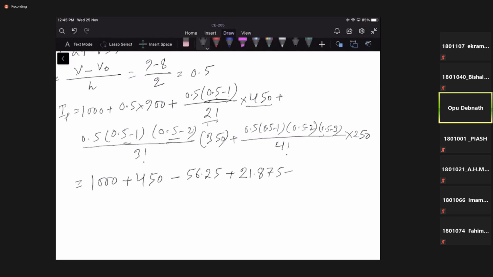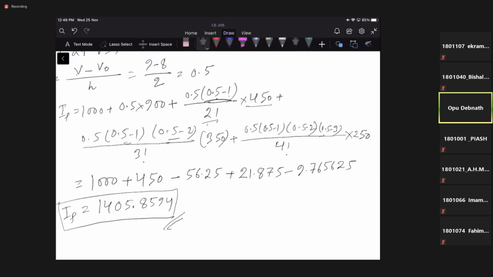The next term will also be minus 9.765625. Okay, so this is the result. If we sum all of this we will get 1405.8594. So this is your required value. At V equal to 9, I is equal to 1405.8594. So this is the required answer.